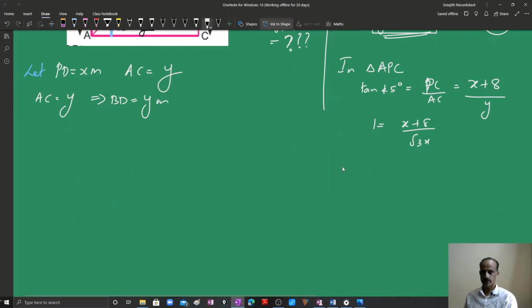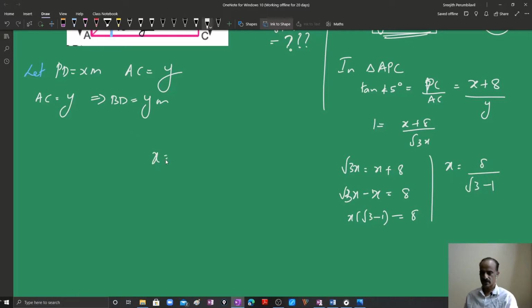So we have root 3 X is equal to X plus 8, or root 3 X minus X is equal to 8. X into root 3 minus 1 is equal to 8, or X is equal to 8 divided by root 3 minus 1.